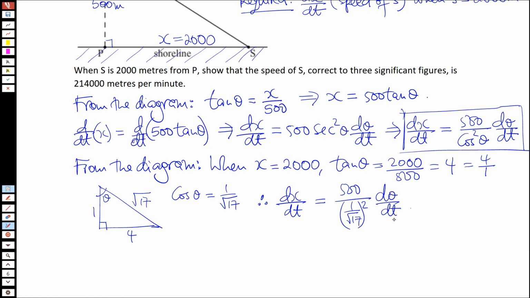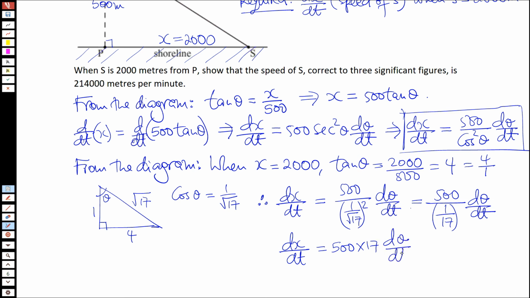At this moment, we can notice that this is the same as 500 over 1 over 17, because the square of a square root cancels, so you just end up with that times d theta over dt. So dx over dt will be equal to that, and this is the same as 500 multiplied by 17 d theta over dt.